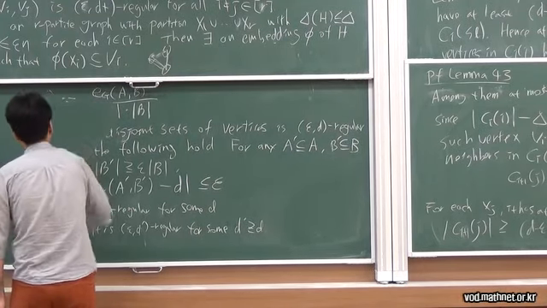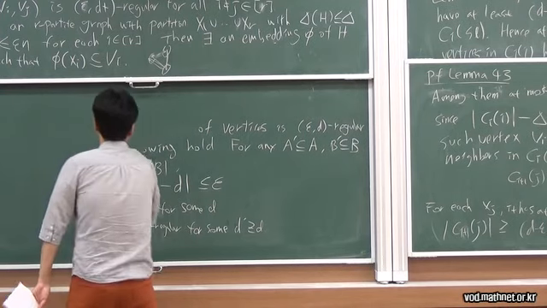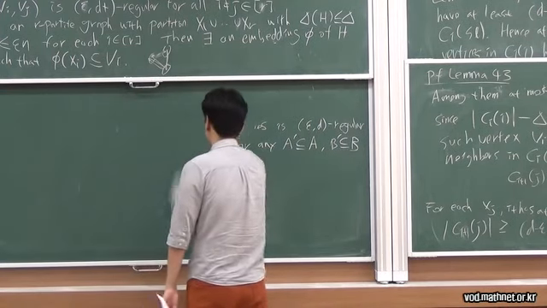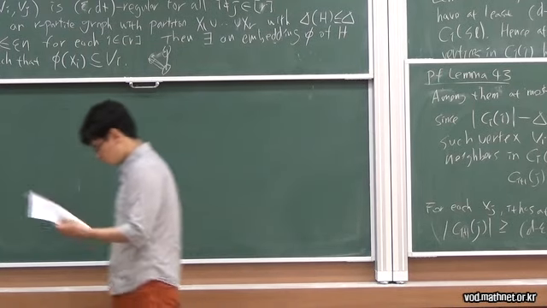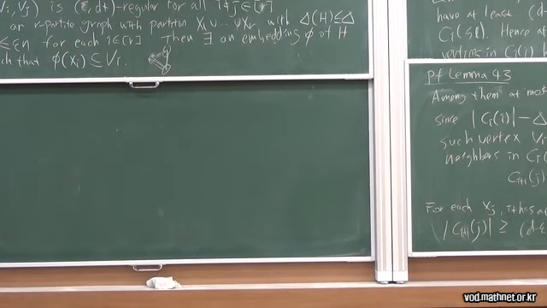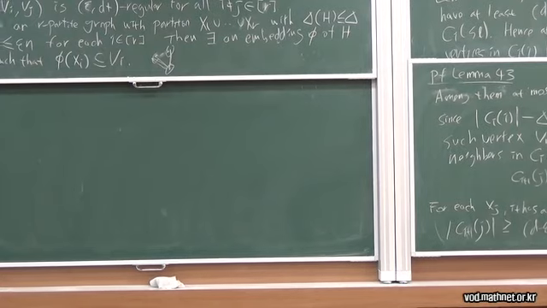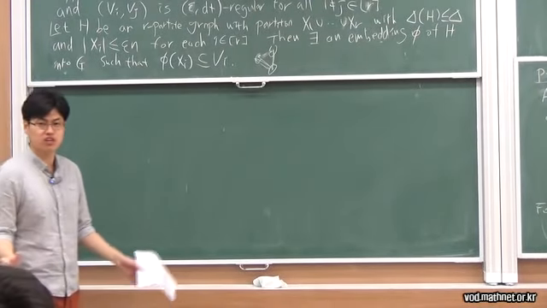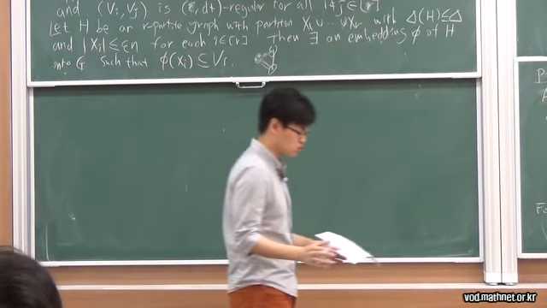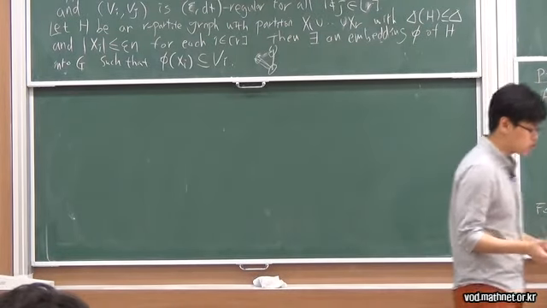So indeed, there is a lemma called the regularity lemma, which ensures that. What it essentially says is that for any graph we have, we can partition the vertices so that it gives us an epsilon regular structure.